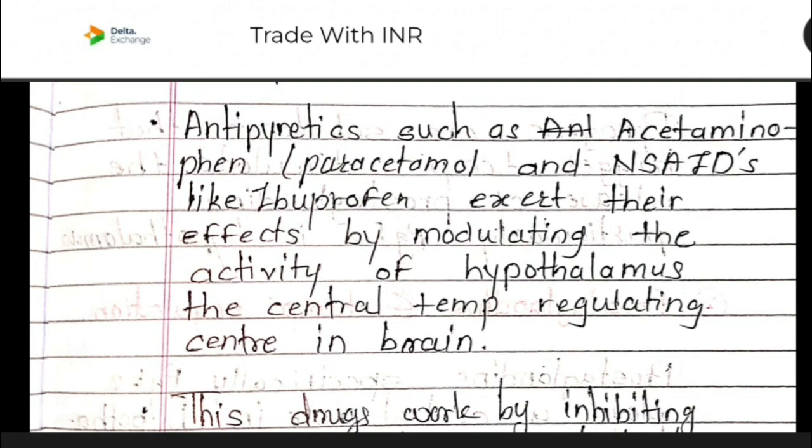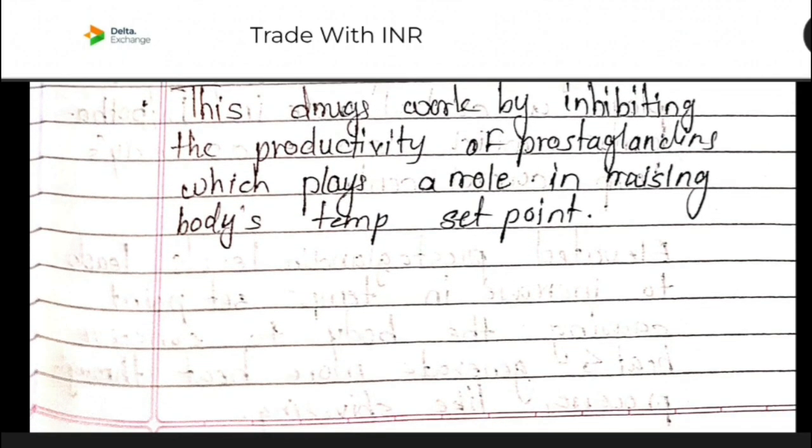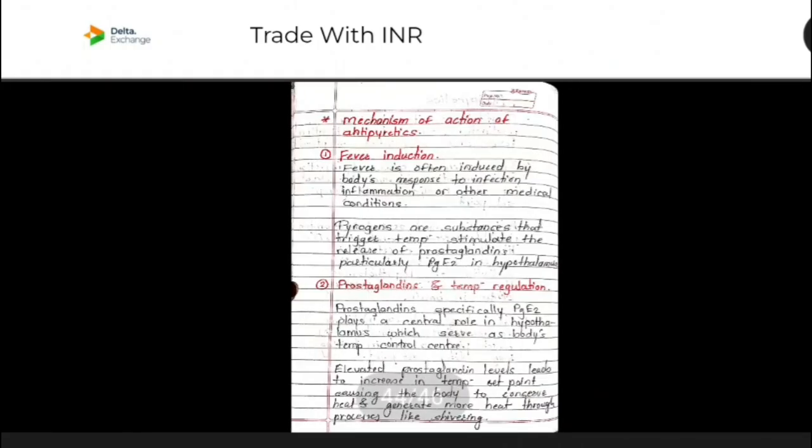Antipyretics such as acetaminophen, paracetamol, and NSAIDs like ibuprofen exert their effect by modulating the activity of the hypothalamus, the central temperature regulating center in the brain. These drugs work by inhibiting the production of prostaglandins, which play a role in raising the body's temperature set point.